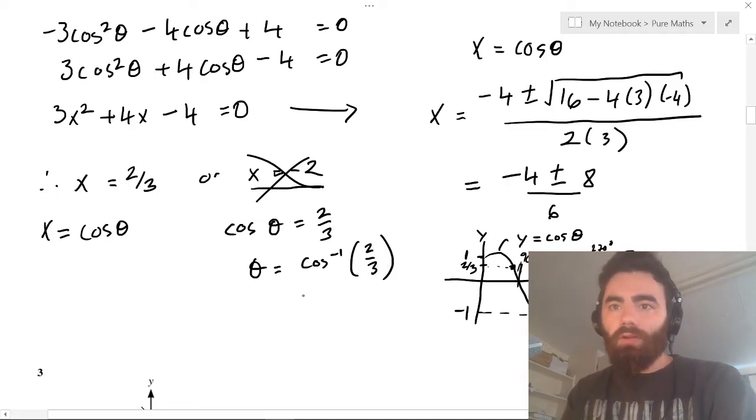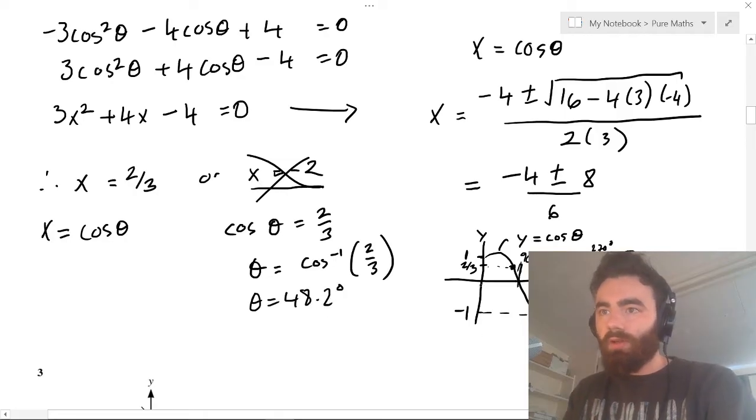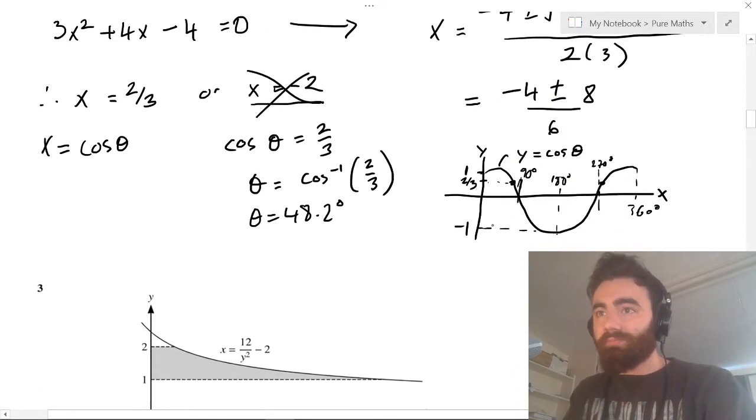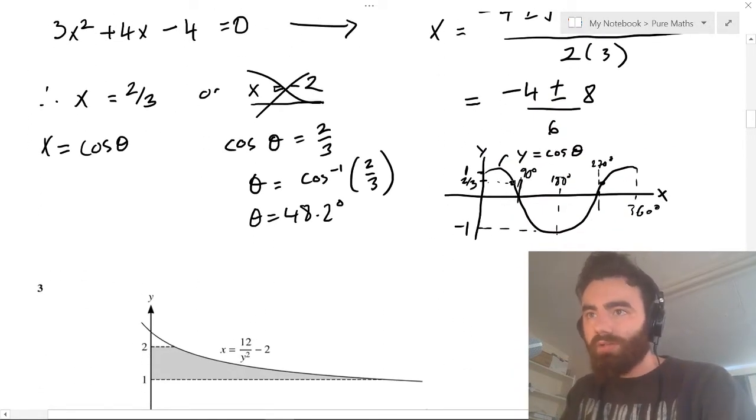So our theta equals 48.2 degrees. But also, you can see that between 0 and 360 degrees, there's not just one solution. So this solution here is 48.2 degrees. But there's also another solution here.